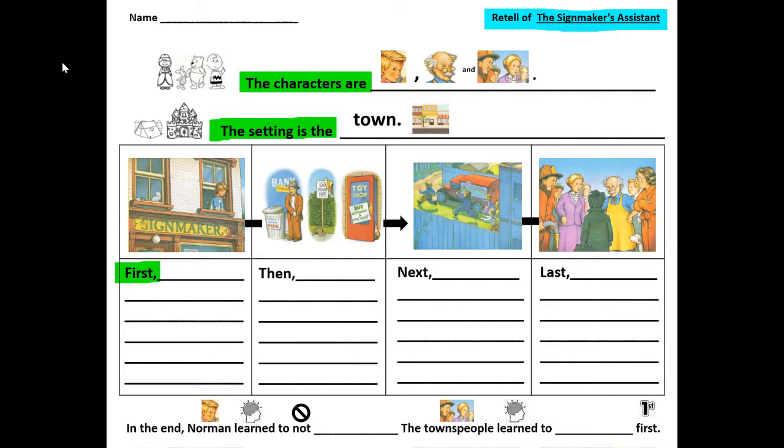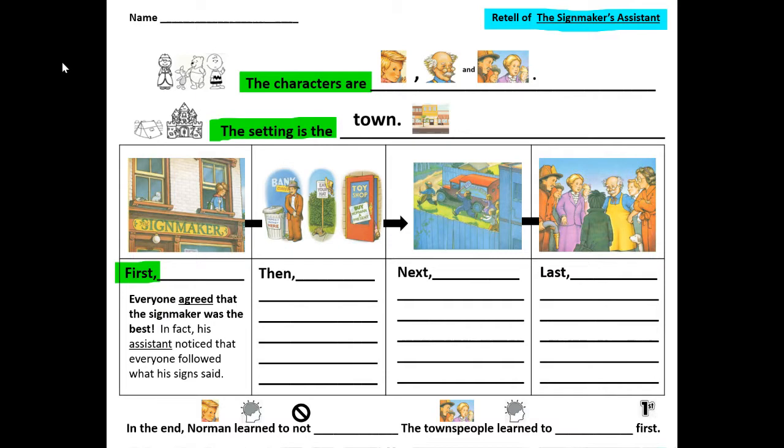So first, what did Norman notice? Well, everyone agreed that the sign maker was the best. In fact, his assistant, Norman, noticed that everyone followed what his signs said. So Norman noticed that everyone followed what the sign maker's signs said.